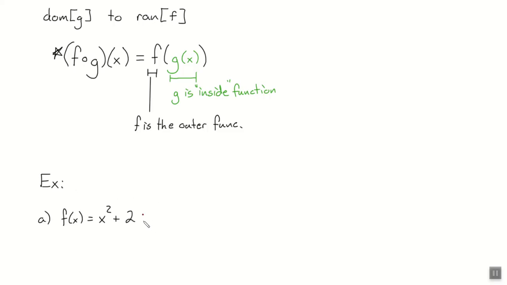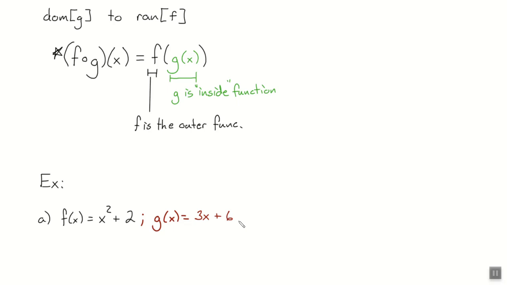Let's look at another one. We're going to make this one linear. Matilda, what's your favorite linear function? Don't do a fraction. Make it nice for the first one. 3x plus 6.